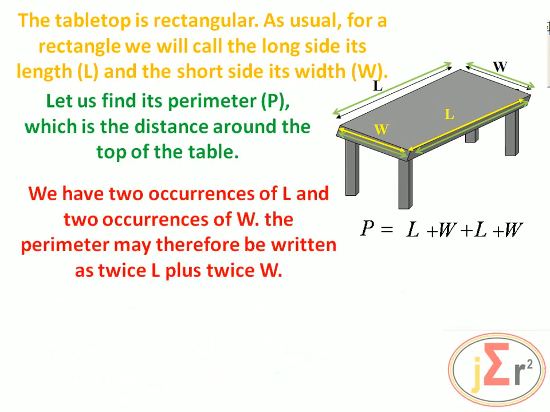We have 2 occurrences of L and 2 occurrences of W. The perimeter may therefore be written as twice L plus twice W, so P is 2L plus 2W. L plus W, L plus W. We have 2 W's and 2 L's.